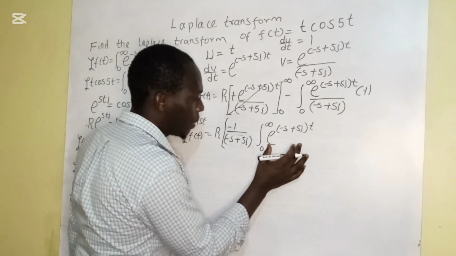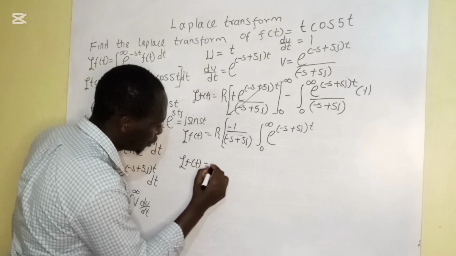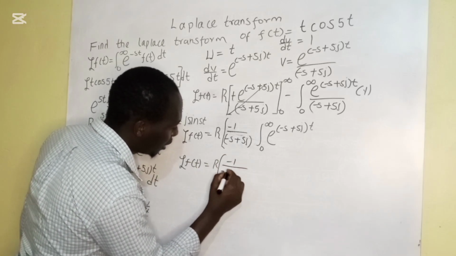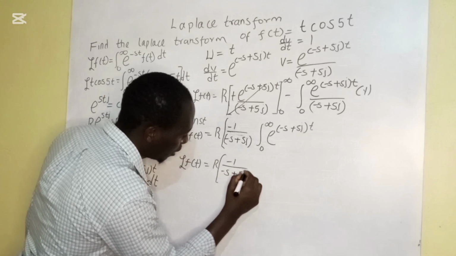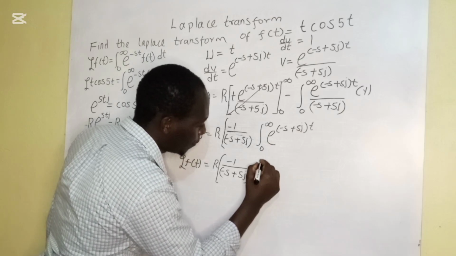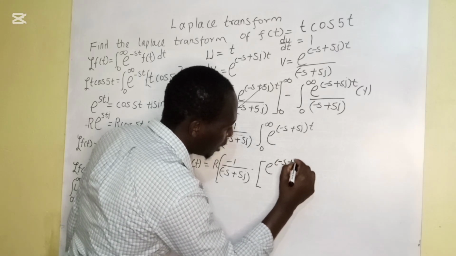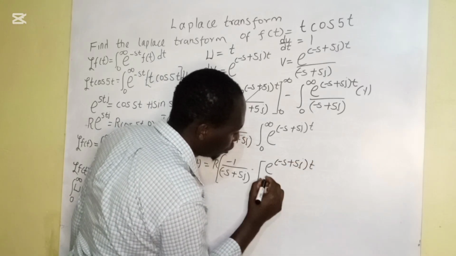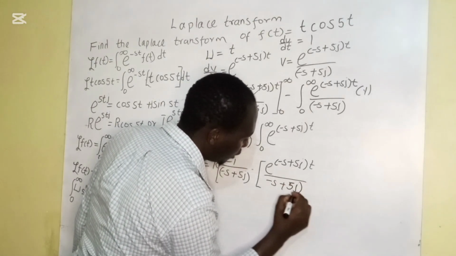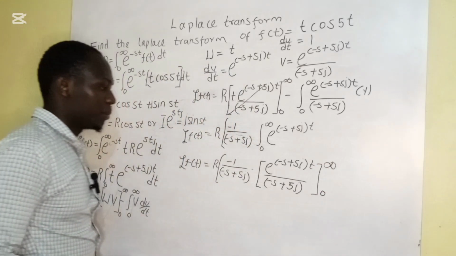When we integrate here our exponential, we are going to have the Laplace transform of our function f of t is equals to r into negative 1 all over negative (s + 5j), we multiply by an integral of exponential negative (s + 5j)t all over negative (s + 5j), and our integration is with respect to our limits.